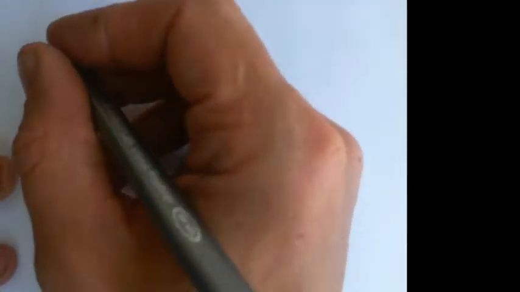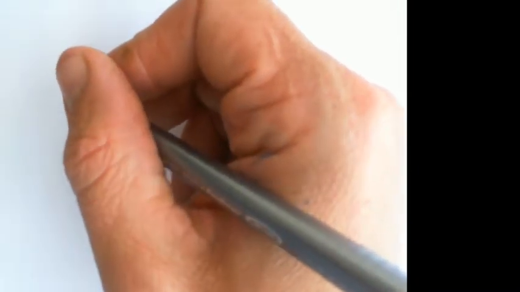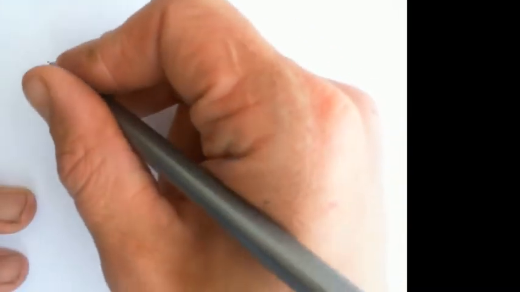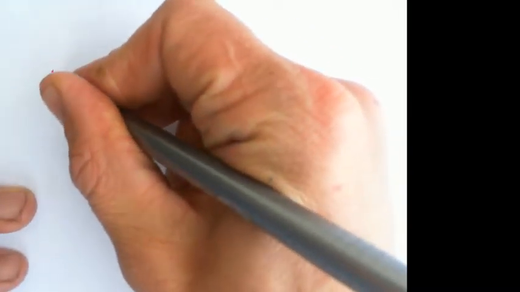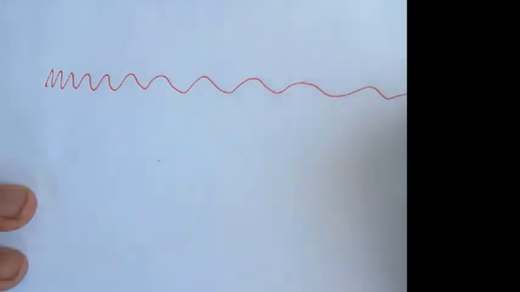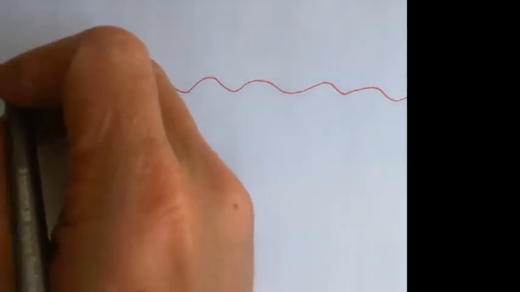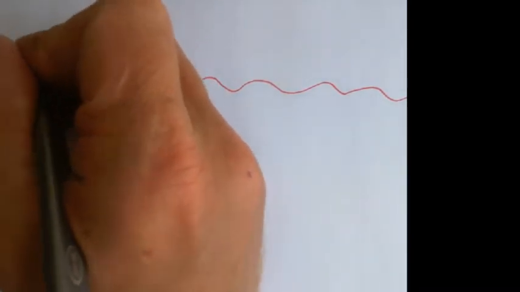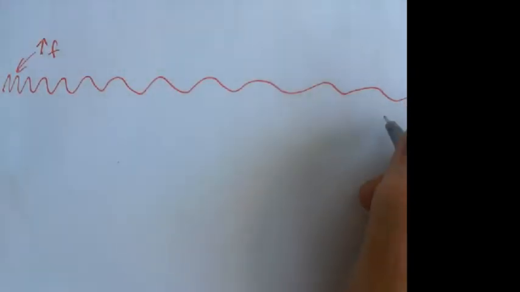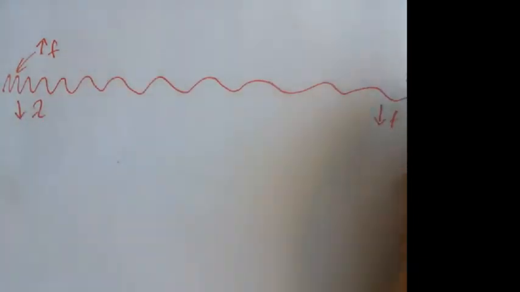Well, we said it's a transverse wave, but it's a little bit more interesting than that. So what I'm going to do now is draw the spectrum. And what you can see is that here you've got really high frequency, and here you've got really low frequency, here you've got low wavelength, here you've got high wavelength, okay?